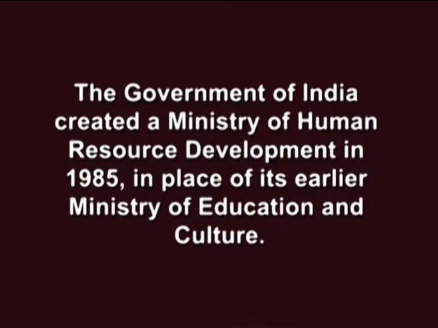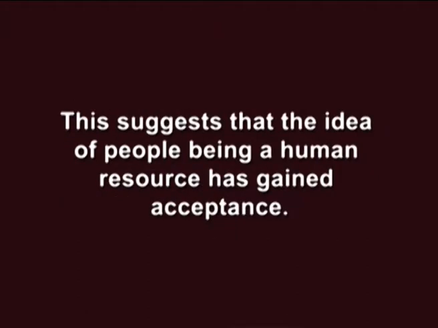The Government of India created a Ministry of Human Resource Development in 1985 in place of its earlier Ministry of Education and Culture. This suggests that the idea of people being a human resource has gained acceptance.